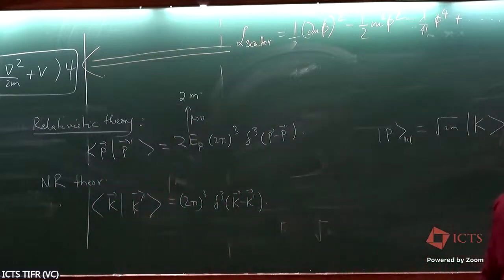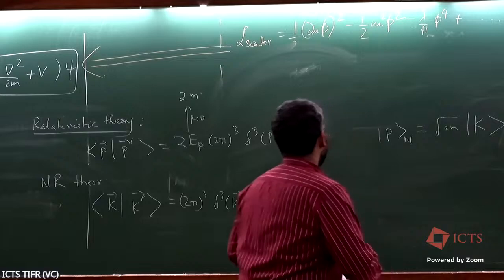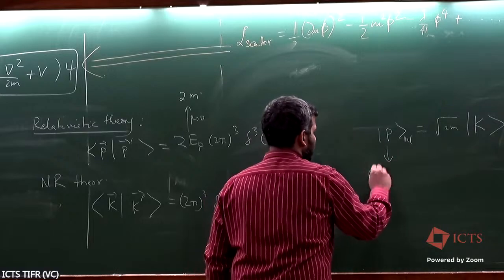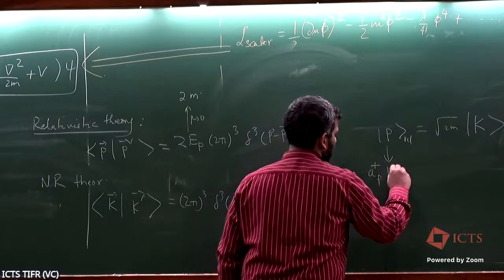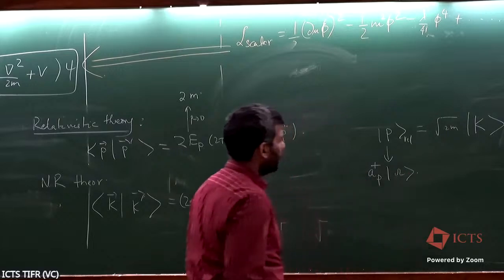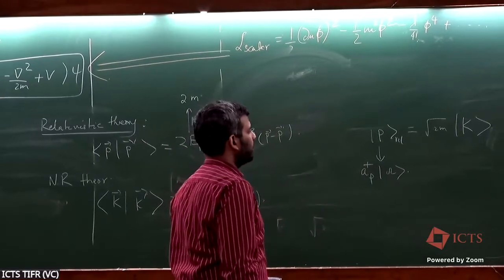So the way we can see this is directly using this equation. Fine. So if I use this mode expansion of phi, this is my operator. a dagger p is my operator that creates my one particle state. So this is something like a dagger p on the vacuum in the relativistic theory.